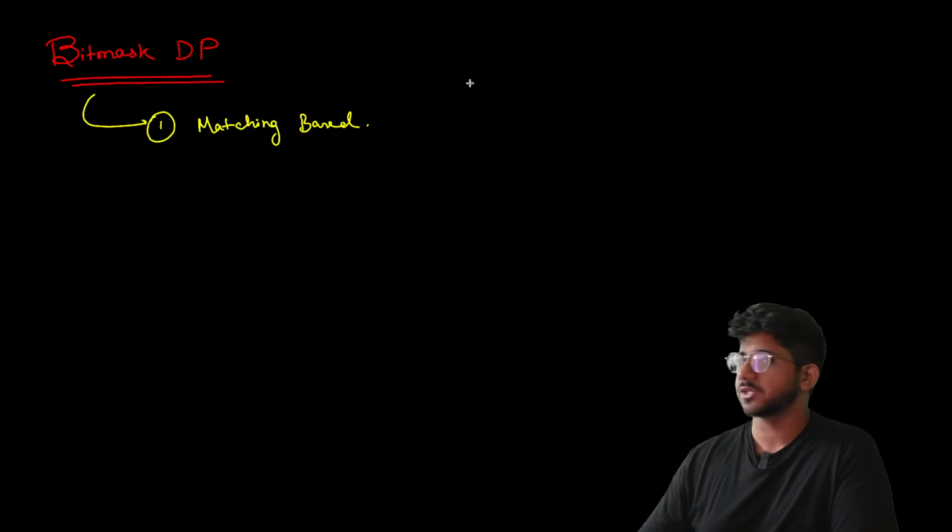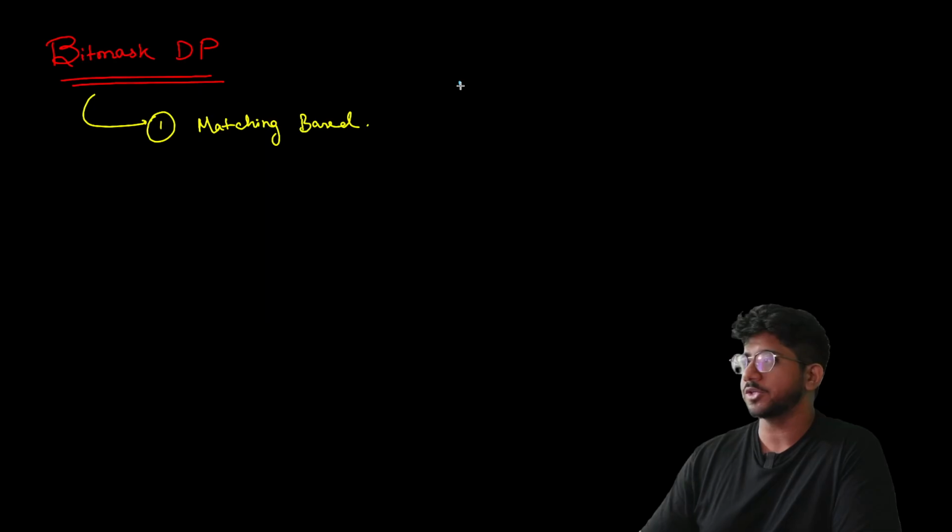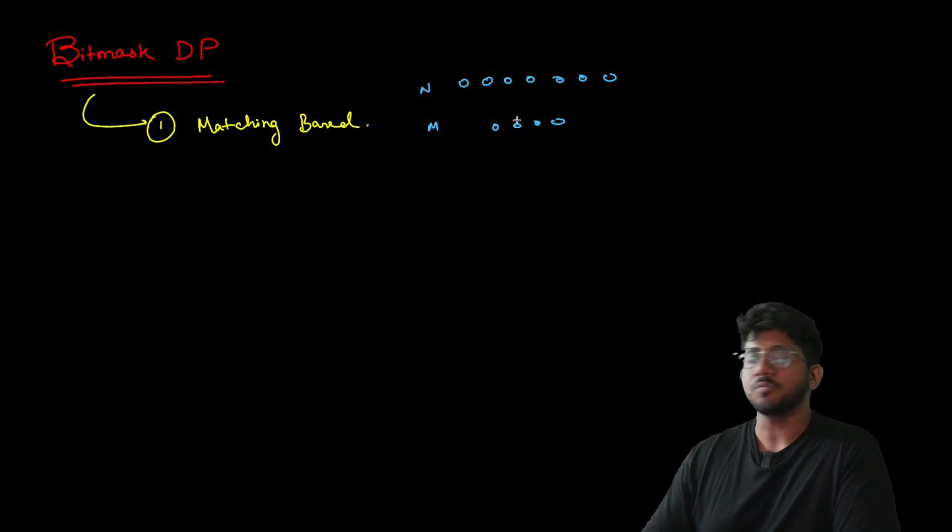First is matching based. So you might have a scenario where you have a bunch of elements over here, n, and a bunch of elements over here, m, and you have to match these, okay? So let's say you have to match elements such that you can maybe drop some elements on one side and take all the elements on the other side.